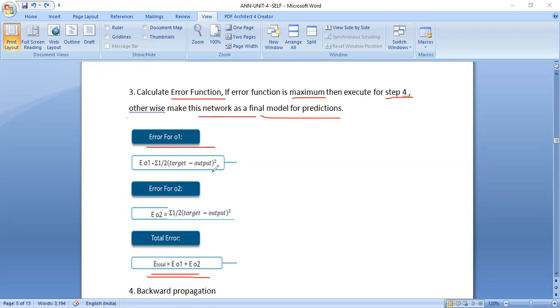Target minus output whole square. What is the target here? Target is the fixed value or expected value by an author or you or me, anybody, right?